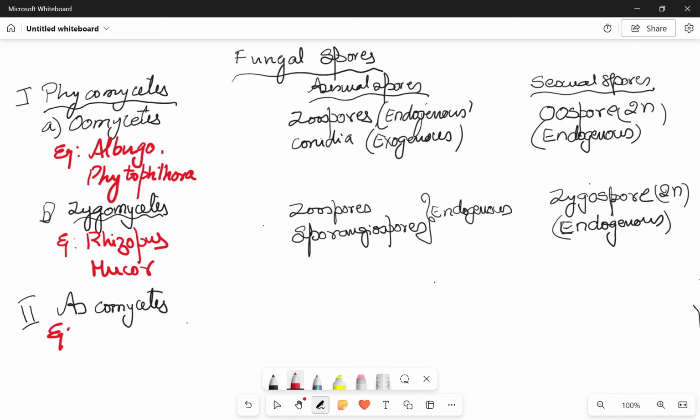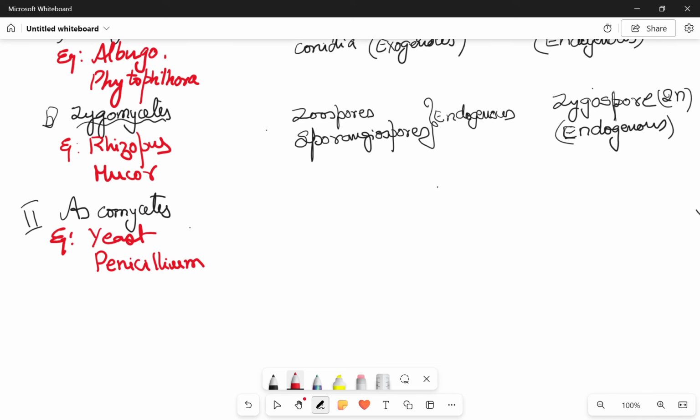Examples of Ascomycetes: you can see the unicellular yeast, Penicillium, Aspergillus, Claviceps, and Neurospora, according to NCERT.